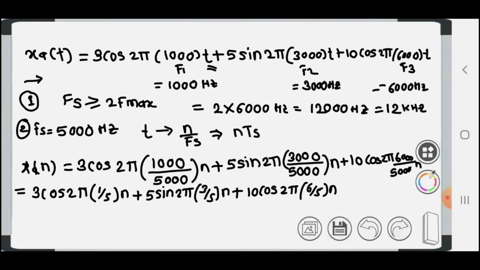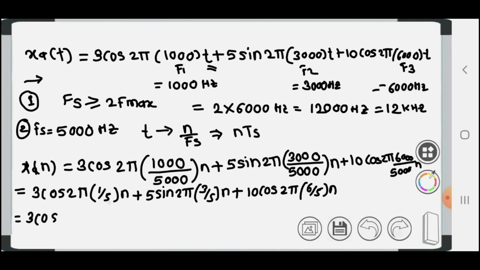So this is nothing but a DT signal. But see the frequency 3 by 5, 6 by 5, this DT frequency. We have to make it more simple so that it becomes components of 2π. Okay, so how to simplify it?